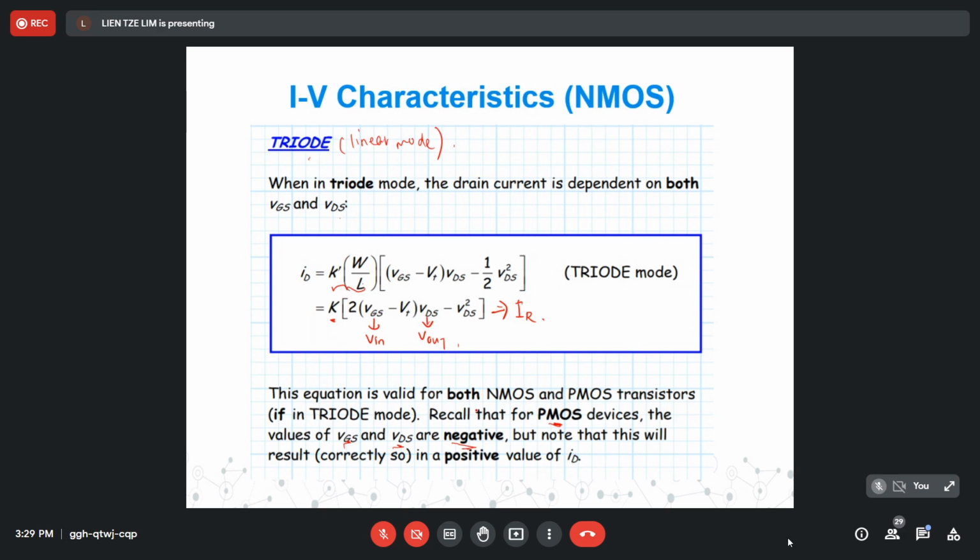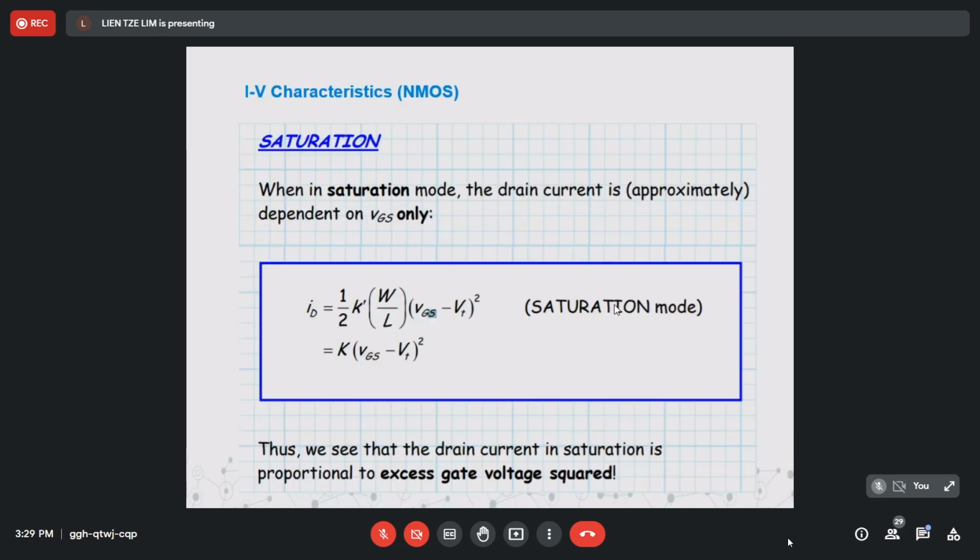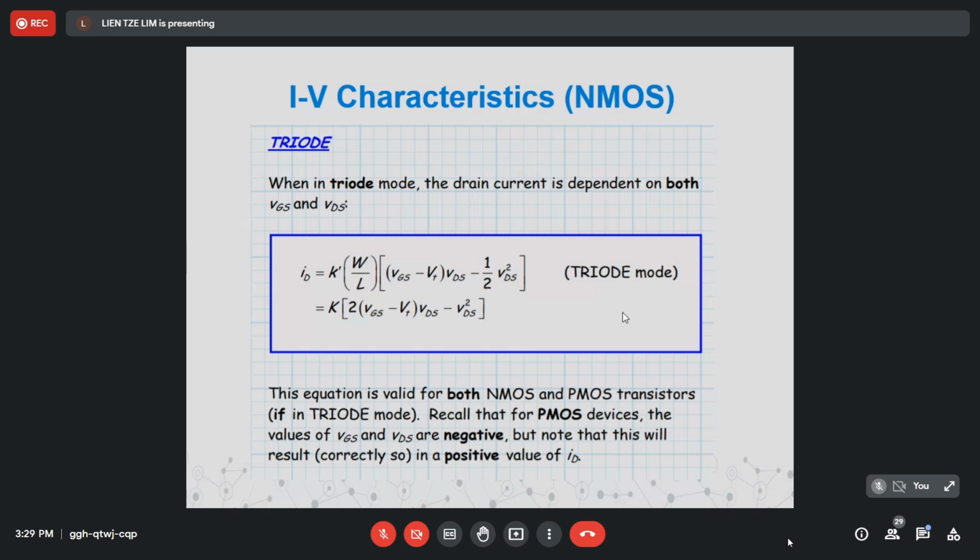It means that if the input voltage VGS is equal to 1 volt for the NMOS, and the VGS for the PMOS is of the same value, then you have to know that the value should be the same, but the sign should be negative for PMOS.